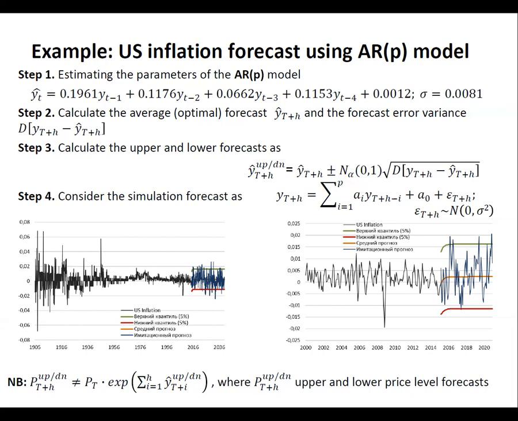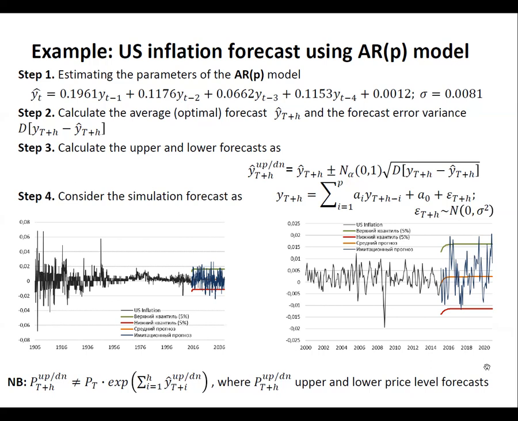Respectively, these formulas are for the period of the first differences. But what if we need to get a forecast of a higher order indicator? That is, if we have the first differences, this is inflation, respectively, and the indicator of a higher order is the price level. We take the first differences from the price level and we get inflation.